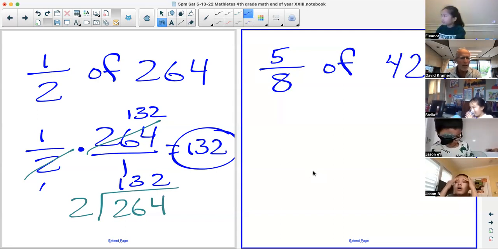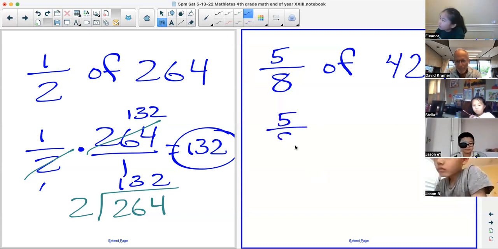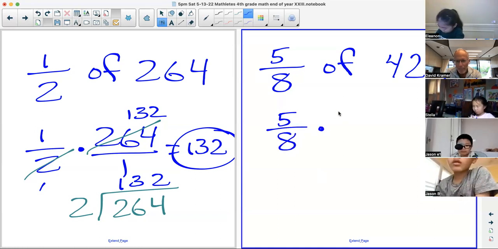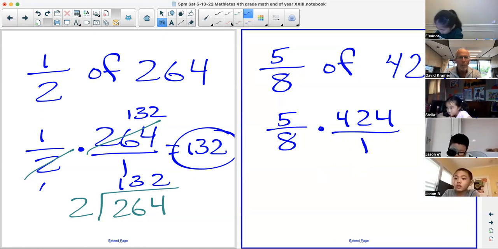So Jason E., can you unmute yourself and can you get started on this? Remember, first write it as 5/8 times 424 over 1. Remember, the first thing you want to do is divide 424 by 8 and then multiply by 5.